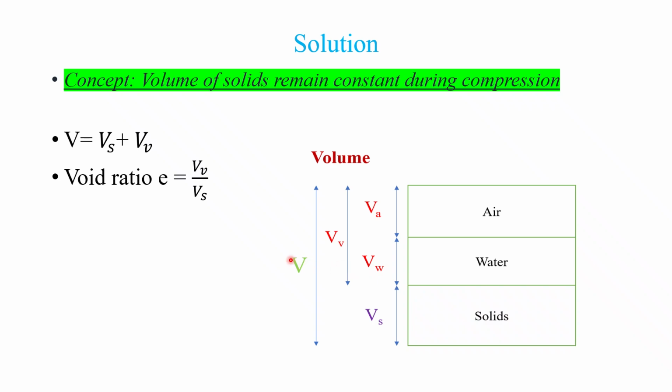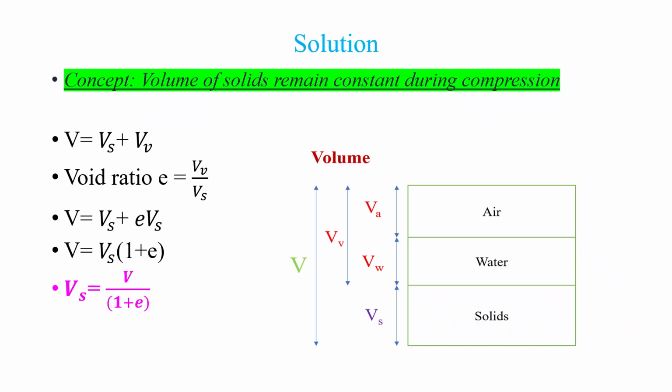We know void ratio equals volume of voids by volume of solids. So we can rewrite V as Vs plus e Vs, which is Vs multiplied by 1 plus e. From this, Vs equals V by 1 plus e. This is the equation we are going to use.